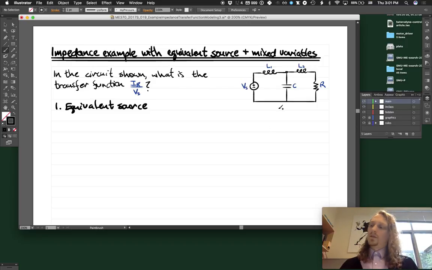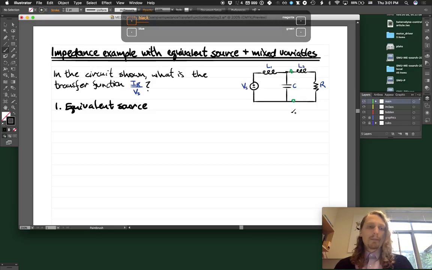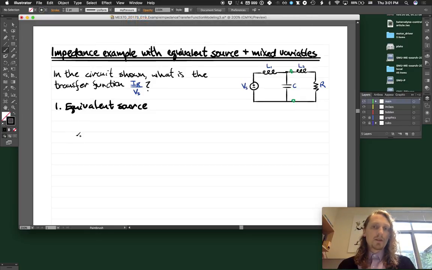We're going to imagine that these green terminals are the output of this circuit, and that will be the input to this latter half. So we should be able to write the left-hand loop as an equivalent circuit, a Thevenin equivalent, and we'll draw the circuit with an equivalent source.